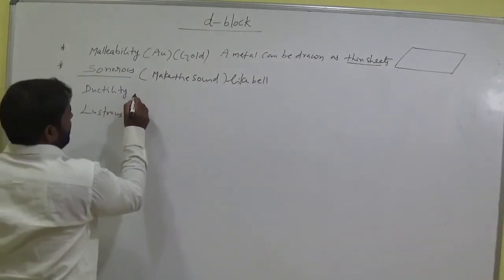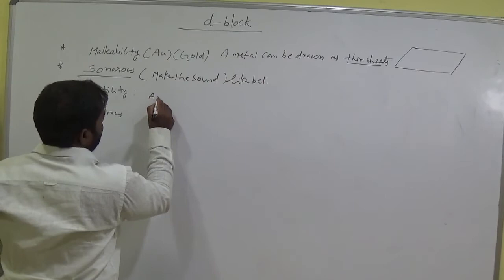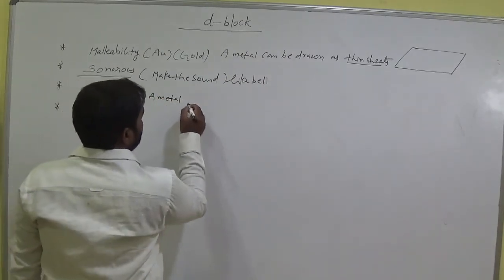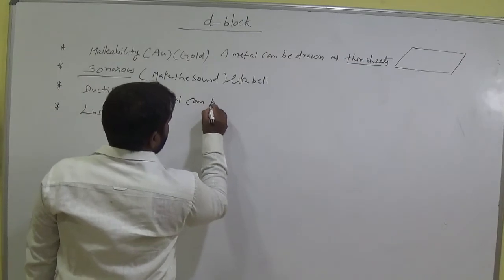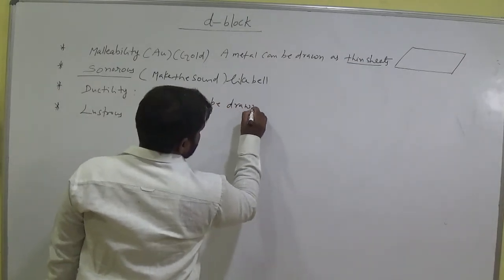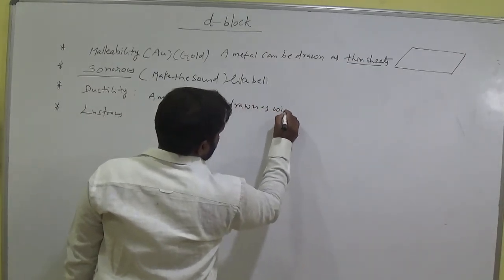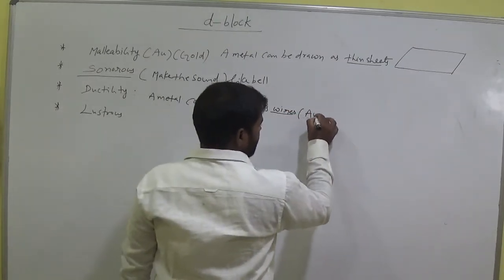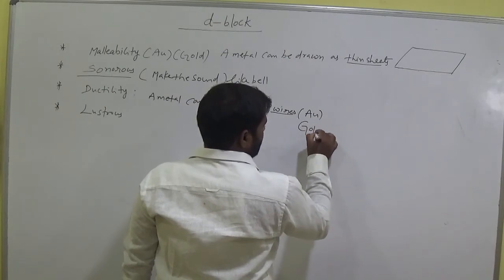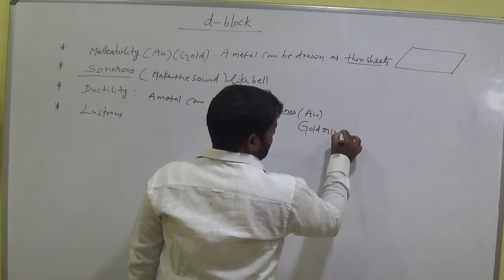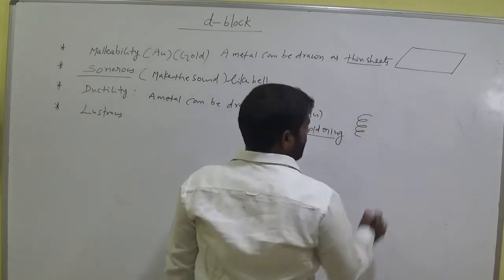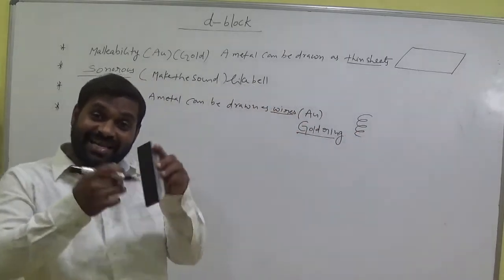Ductility means a metal can be drawn into wires. For example, a gold ring: we can mold gold into a ring-like structure.